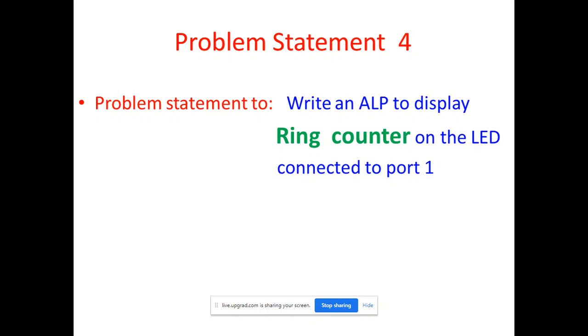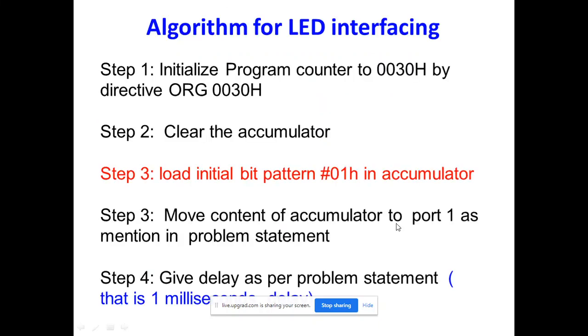In this fashion, I want to turn on LEDs one by one from LSB to MSB, and then again from LSB to MSB, meaning it creates the ring.